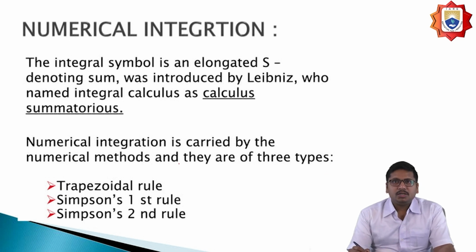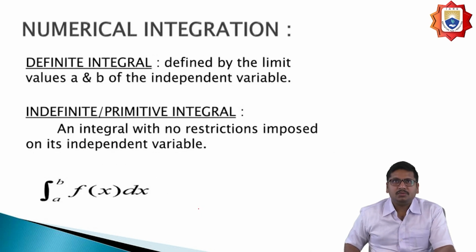Numerical integration is carried out by numerical methods, and there are three types: the trapezoidal rule, Simpson's first rule, and Simpson's second rule.